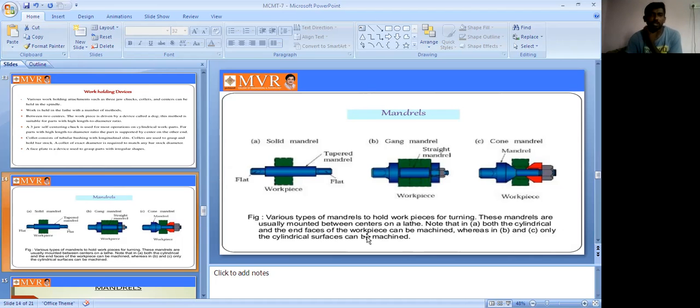These mandrels are usually mounted between the centers on a lathe, so the mandrel is fit on the center of the lathe.